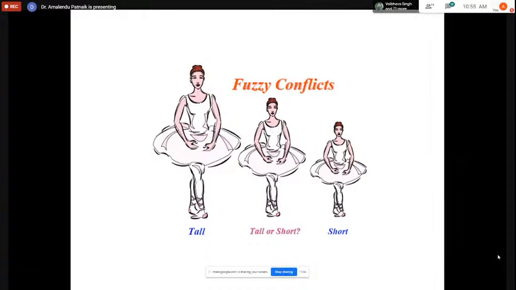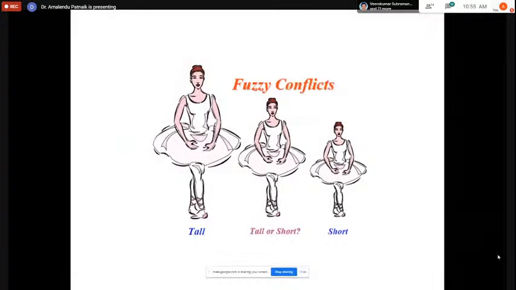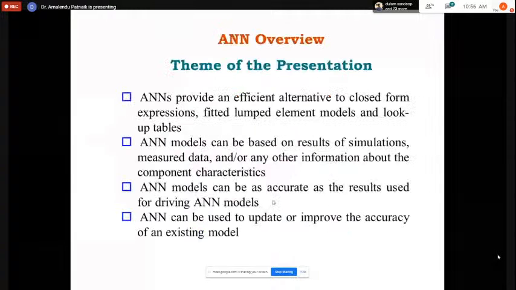So to solve this type of problems, fuzzy logic was introduced, and you will find a lot of application of this fuzzy mathematics in antenna engineering also. Okay, now let us see the characteristics of this ANN and fuzzy logics, right? Then we will go for the other discussions.